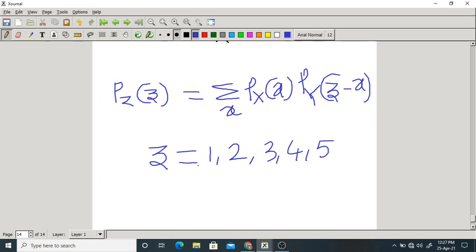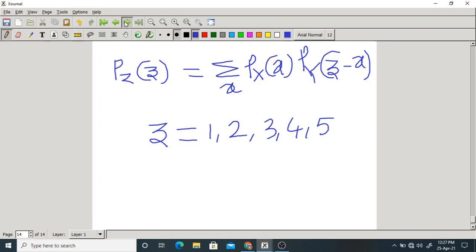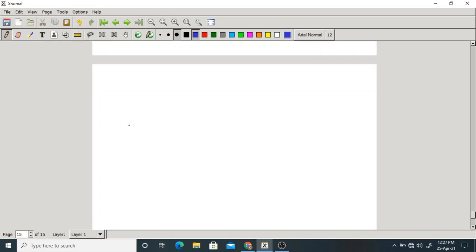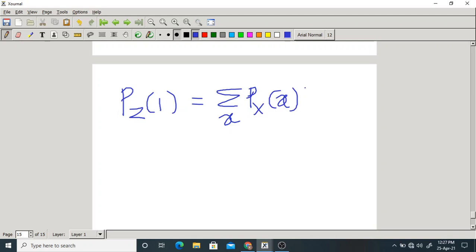Now, let me keep Z equal to 1. Pz of 1. What will happen? Summation over x, Px of x into Py of 1 minus x.